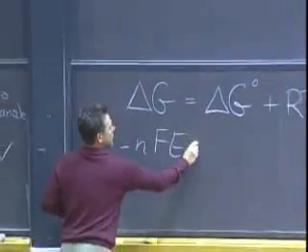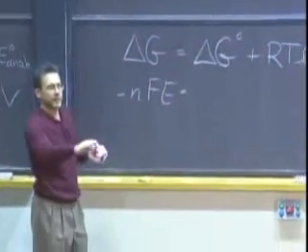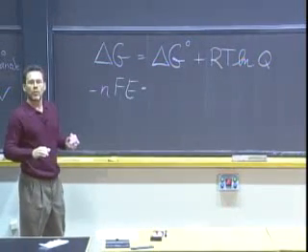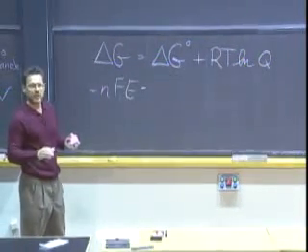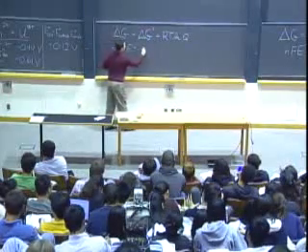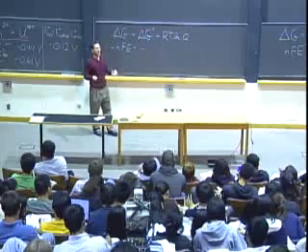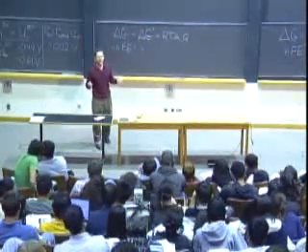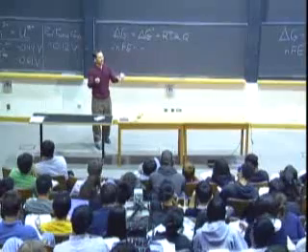nFE. And notice that what we're doing here is we're considering what happens when we perturb a system from equilibrium conditions. And when might that happen? Well, I showed you how to set up a galvanic cell last time, and I showed you how to calculate its standard cell potential.